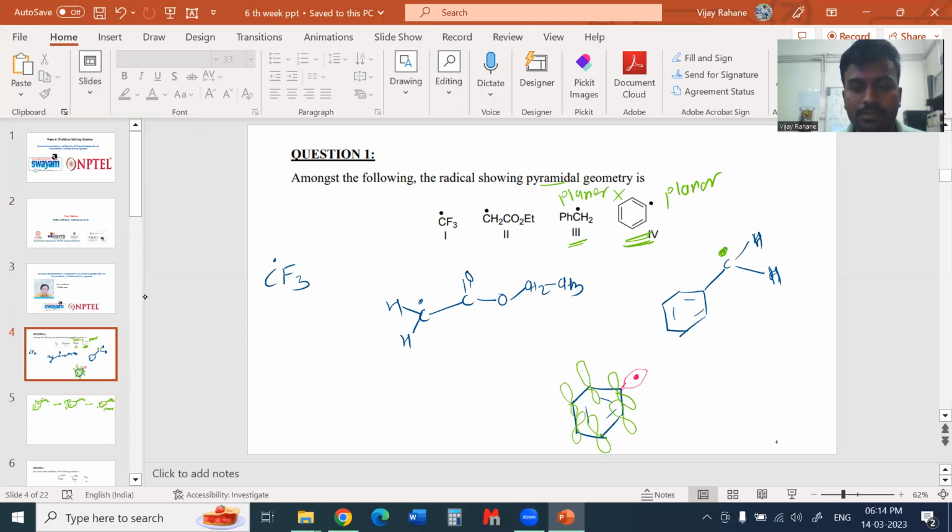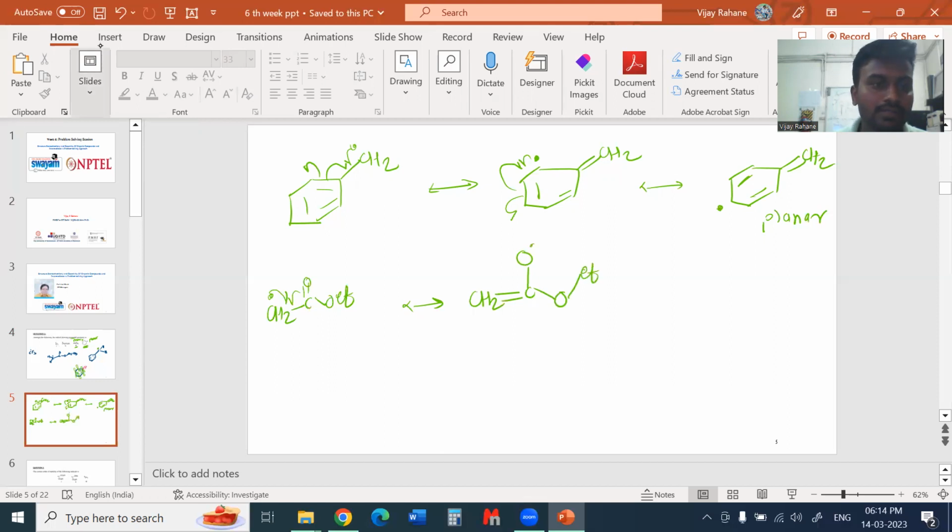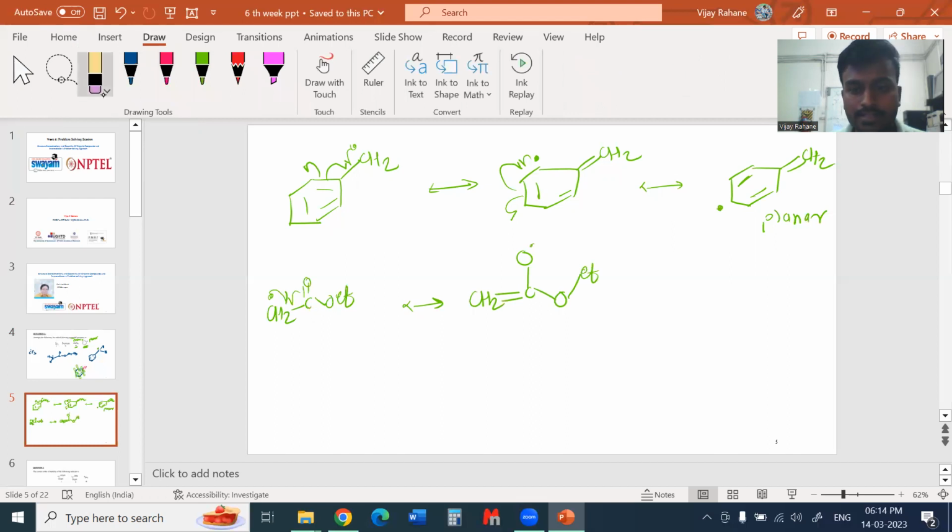And this CH2 C double bond O ET radical, we'll draw how it is stabilized. This radical also has stabilization in this fashion. The CH2 radical and O ethyl; I will draw the ethyl in this fashion.